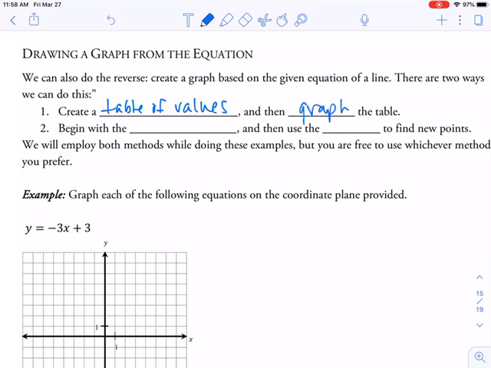So some of you might prefer that. That's great. It totally works. And then the other way is to begin with the y-intercept and then use the slope to find some points. Okay, now I personally would recommend method 2 because it's quicker, but it is totally up to you. Like I always say, whichever method you want to use, it's great. They're both correct. I don't mind.